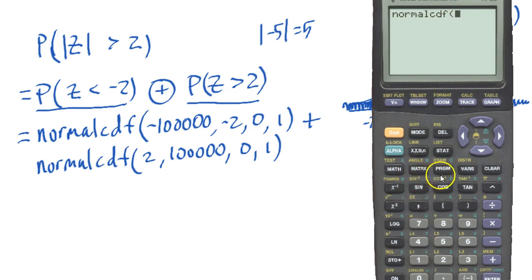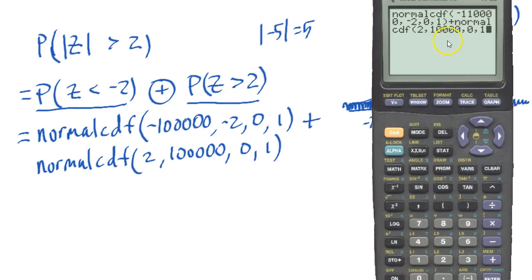We go negative some really large number, comma, negative 2, comma, 0, comma, 1. Then we add, go back to normal CDF, and enter 2, comma, some really large number, comma, 0, comma, 1.